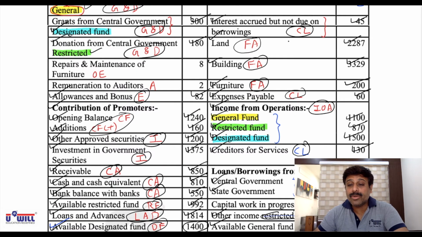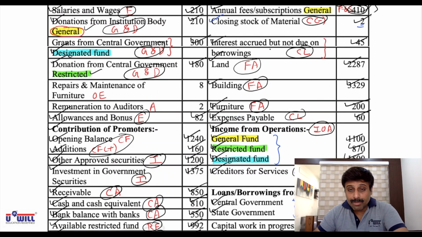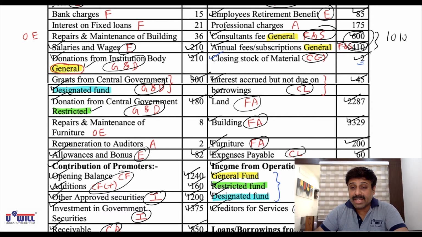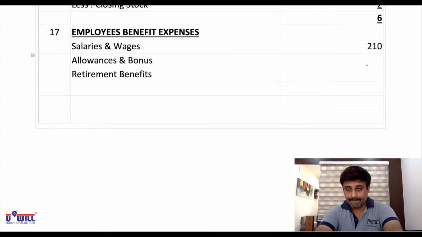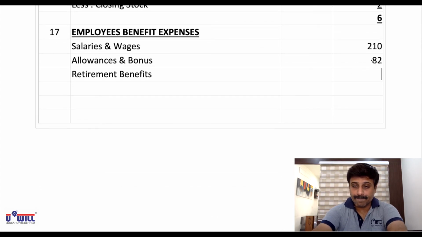Okay, 82, and employees retirement benefits we have 85. 82 and 85. Okay, let us add on 82 and 85. So total can be done now. 210 plus 82 plus 85, 377.